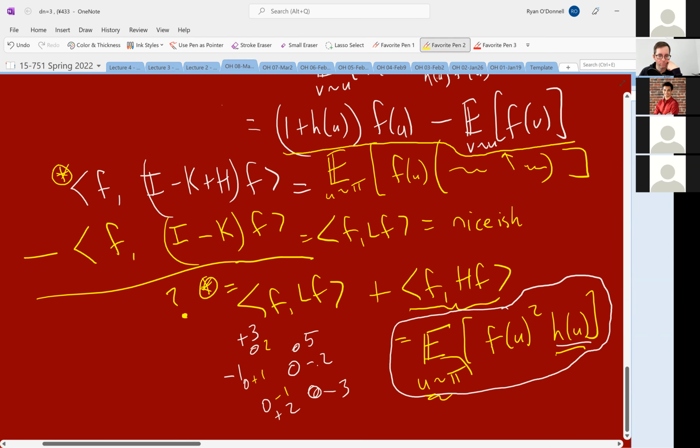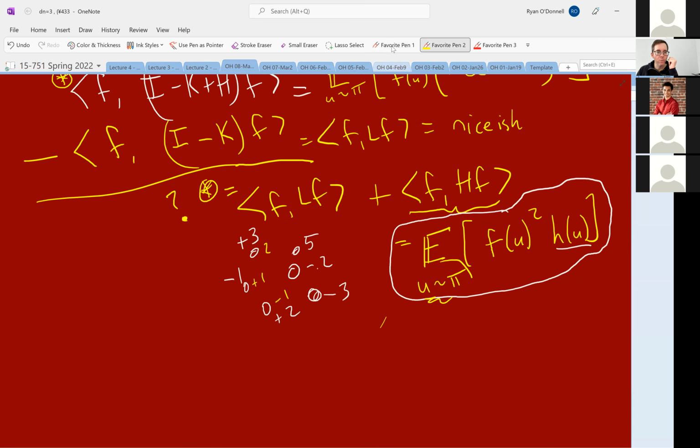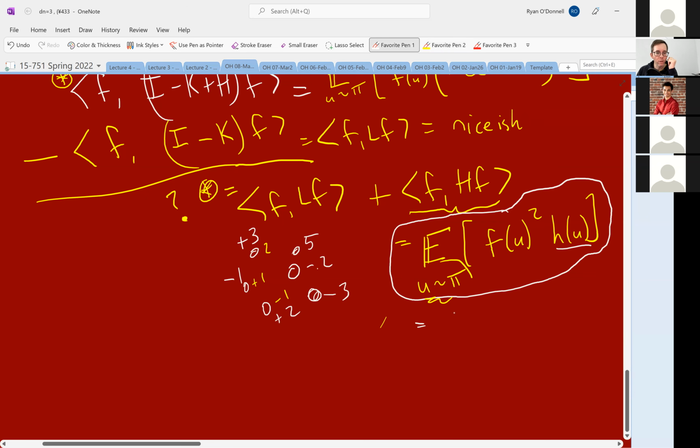We want to use the condition that we know for H. What is the condition we know for H? I think it's just that the expectation of H is 0. Could we use Cauchy-Schwarz? Oh no, that's going the wrong way, I think.